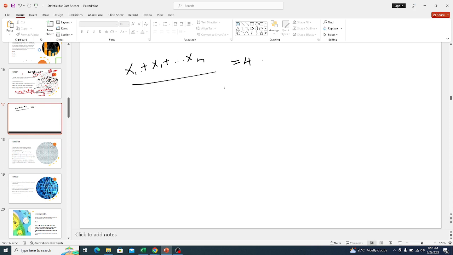This is the same as saying a summation of xi's, where i is taking values from 1 up to n, and we already know our n. So it will be summation of xi's, where i ranges from 1 up to 4.